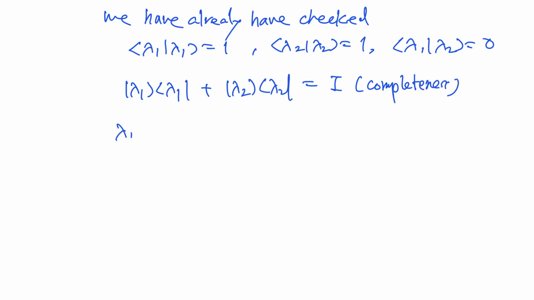And λ1|λ1⟩⟨λ1| plus λ2|λ2⟩⟨λ2| is what? This is sigma x, this is A, right?